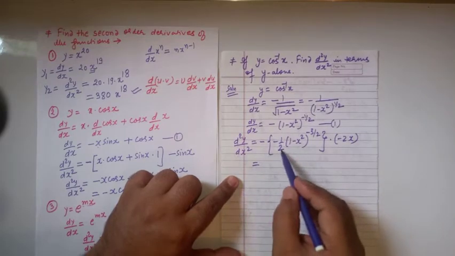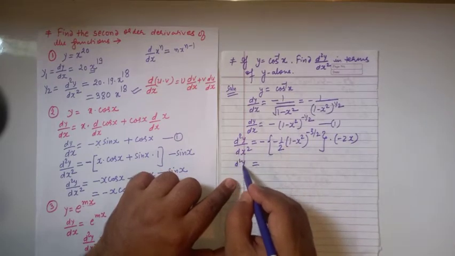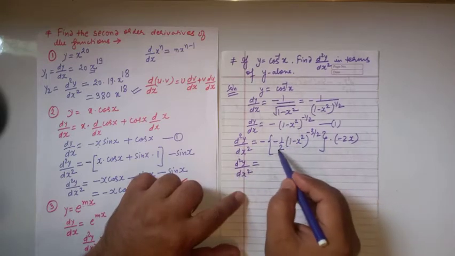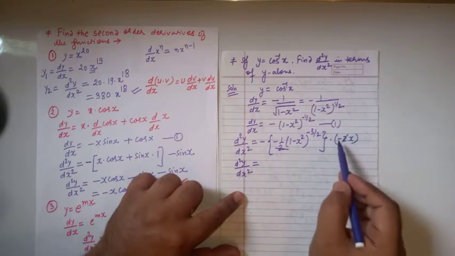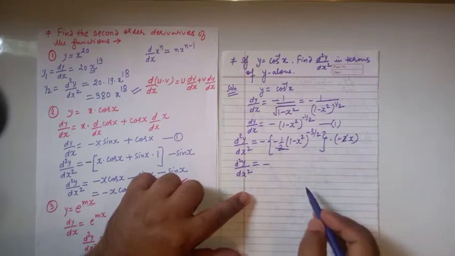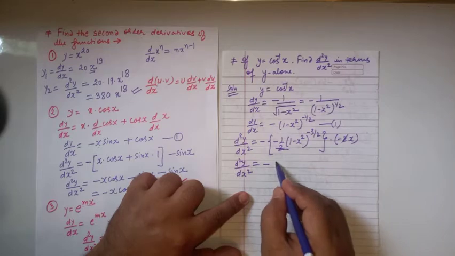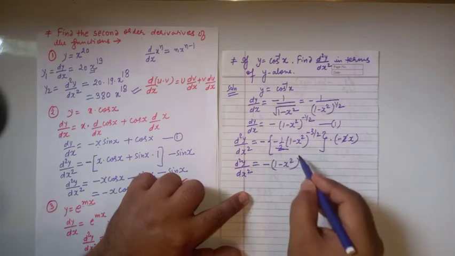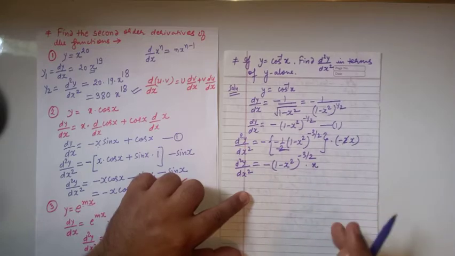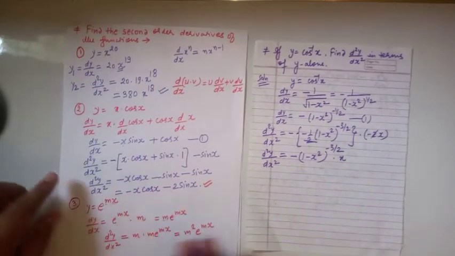So if we simplify this, this 2 and this 2 get cancelled, so minus, minus and minus gives us minus, and we have (1 minus x square) raised to minus 3 by 2 times x, right?